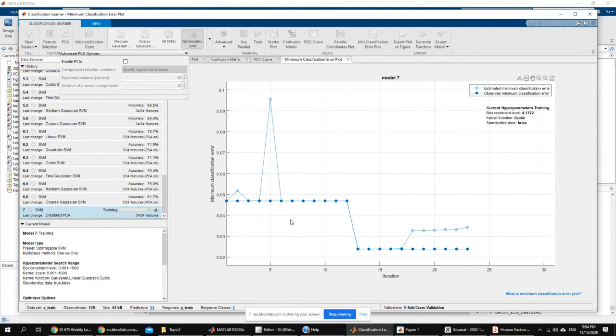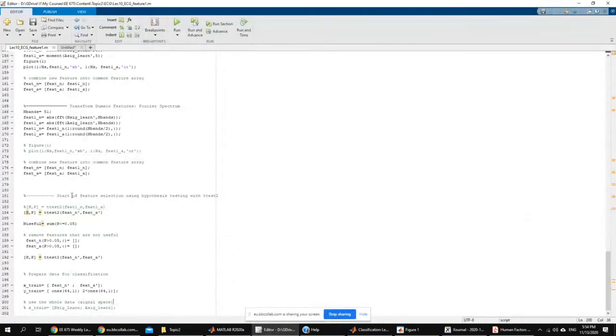In order for me to show you that, I'm going to go back here, and instead of removing the features that are not useful, I'm going to do the opposite.